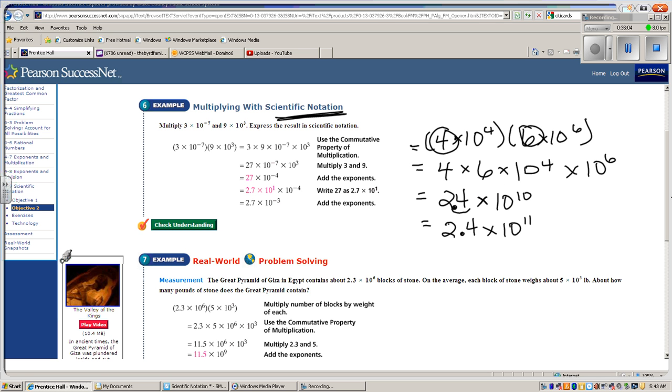Okay, I'm going to give you about a minute or so to do example B. This was example 6A. You're going to do example 6B on your own.